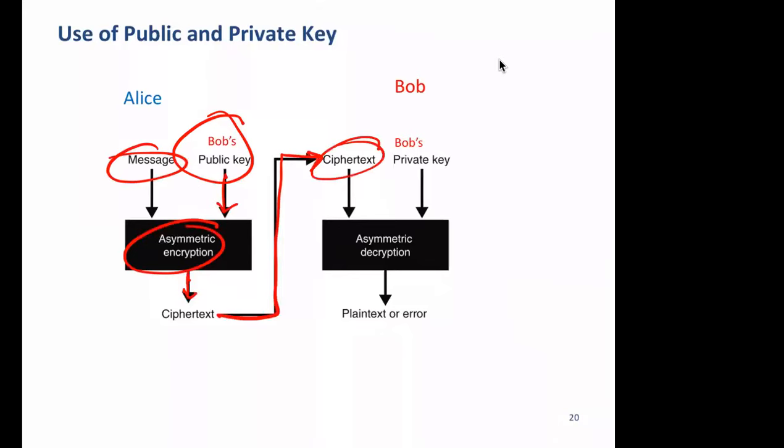Bob has this message available, and he has his own private key, and uses the private key to get the same thing Alice has sent, which is message M. Any question? Are you able to understand the difference? Yes, sir. Okay, all right.